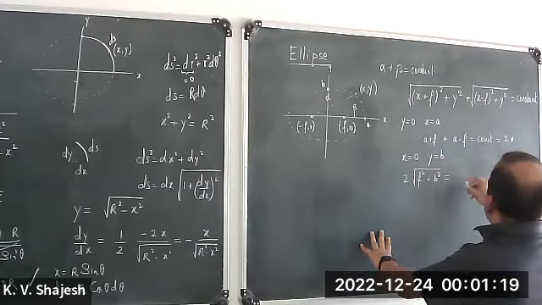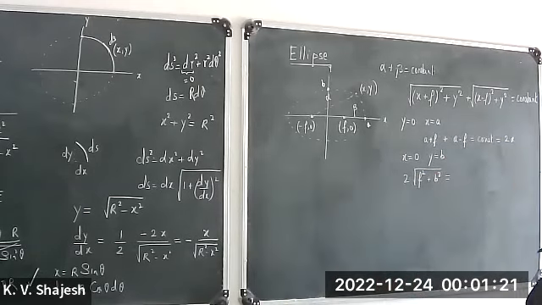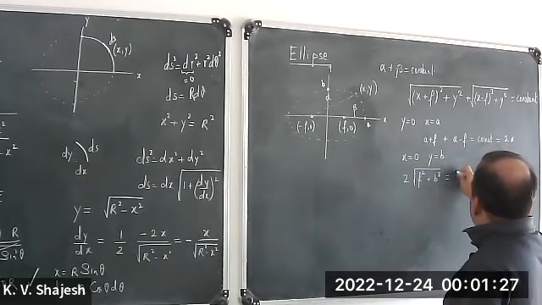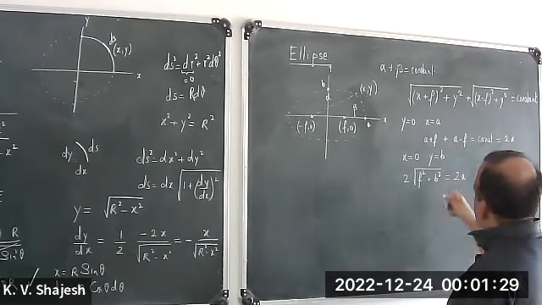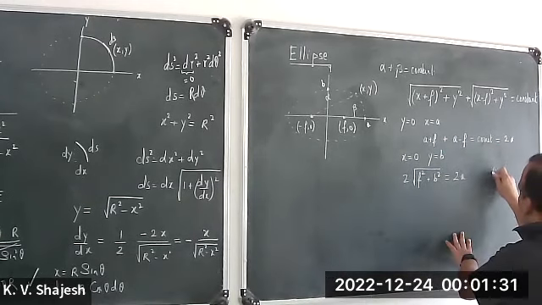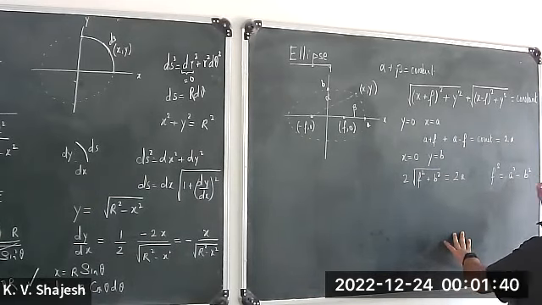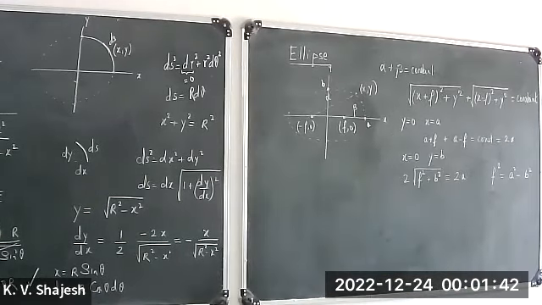That's equal to the constant, which was 2 times A. So the 2 cancels out, and we learn one more equation, that f square is equal to A square minus B square, or you can say f square plus B square is A square. So that's a property you can learn.